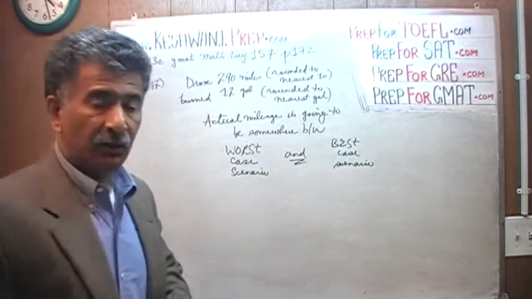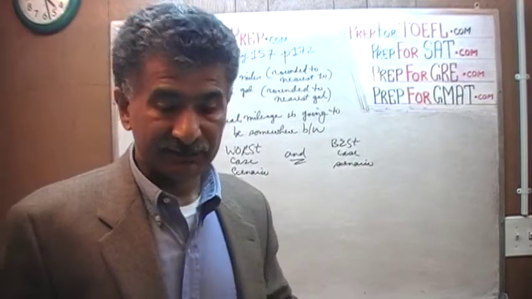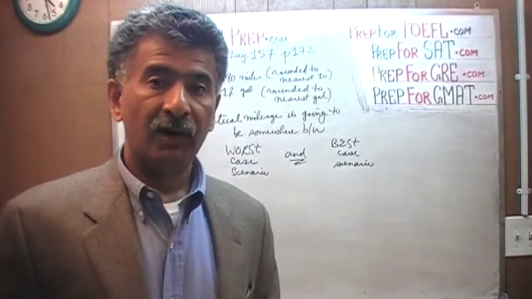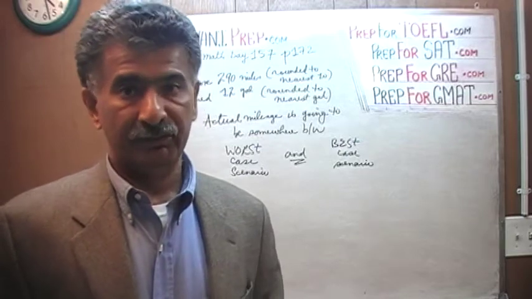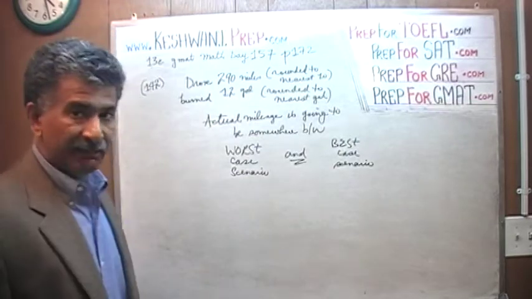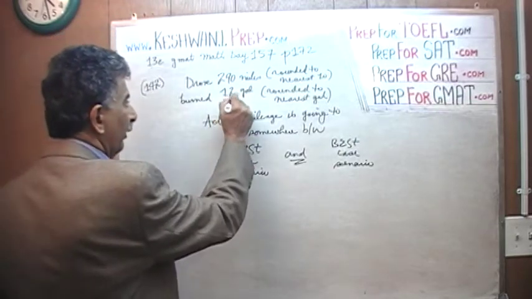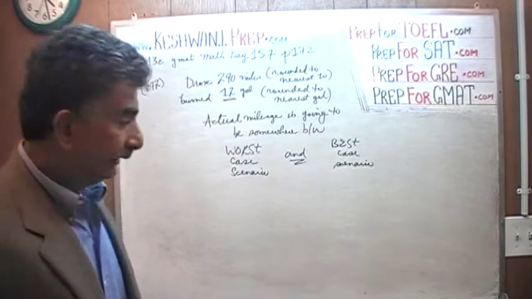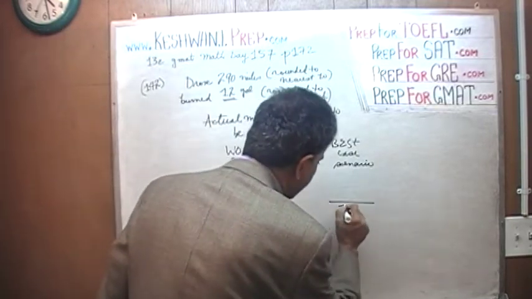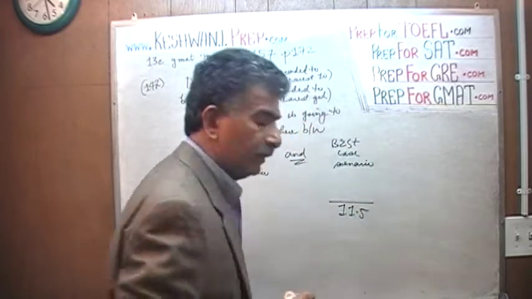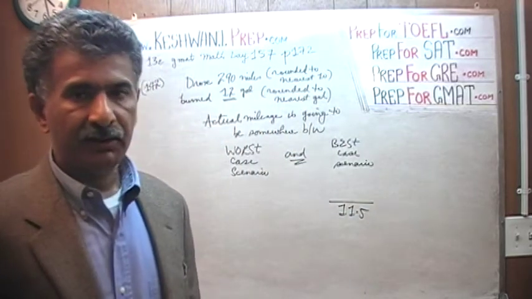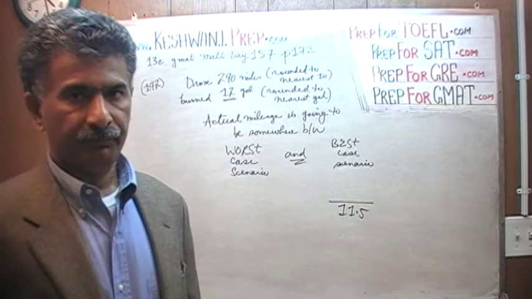The best case scenario is where you burn the least amount of gasoline and drive the most number of miles. The least amount of gasoline that we can burn, given the fact that we are rounding it to 12 gallons, is 11.5. Maybe she burned 11.5 gallons, which was rounded to 12 gallons.